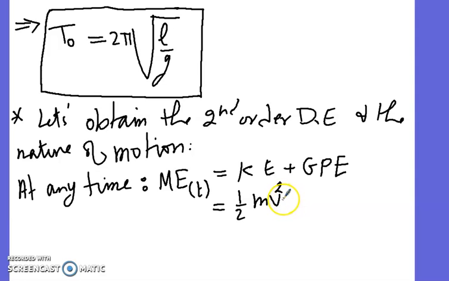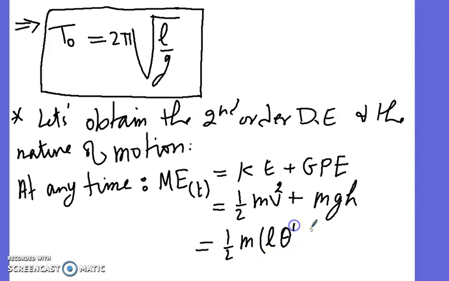This is true. But if you replace I and theta prime, you get half mv squared. I verified this before. Plus mgh. Okay? So let's replace. Half m. V is r theta prime. Here r radius of the circle is L. Theta prime squared. Plus mg.